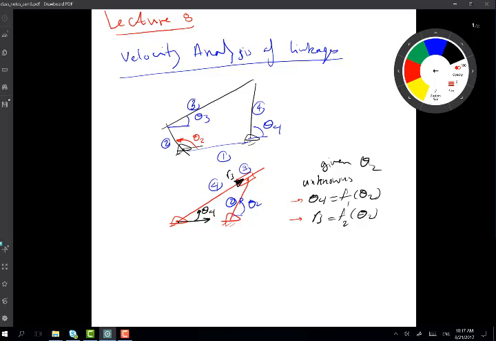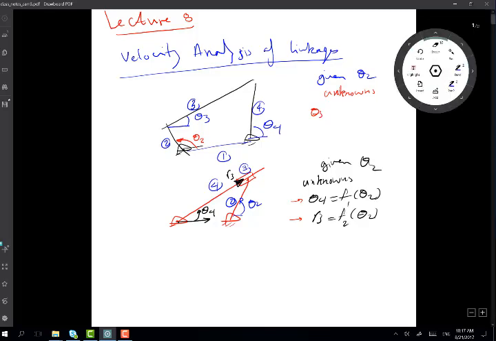Like in this other case here, my given would be theta 2, and what I'd be trying to find would be theta 3 as some function 1 of theta 2, and then theta 4 as another function of theta 2 as well.